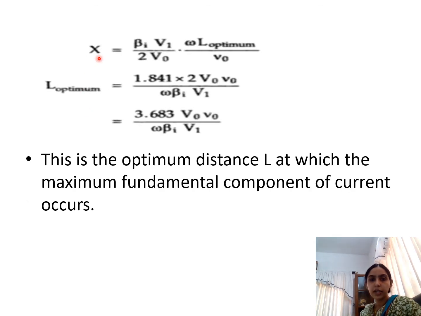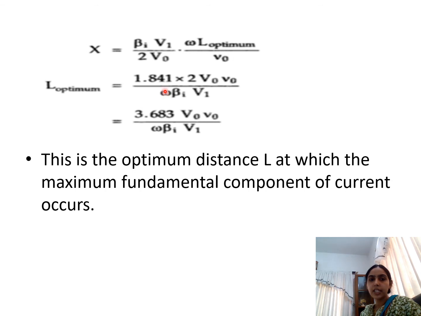I know the bunching parameter X is given by beta I V1 by 2 V naught into theta, the transit angle, which I am replacing with omega into L optimum by V naught. L optimum is the optimum distance I have to find out for maximum bunching.